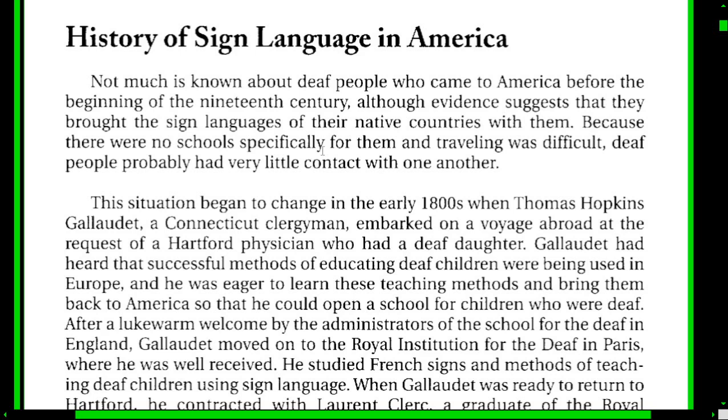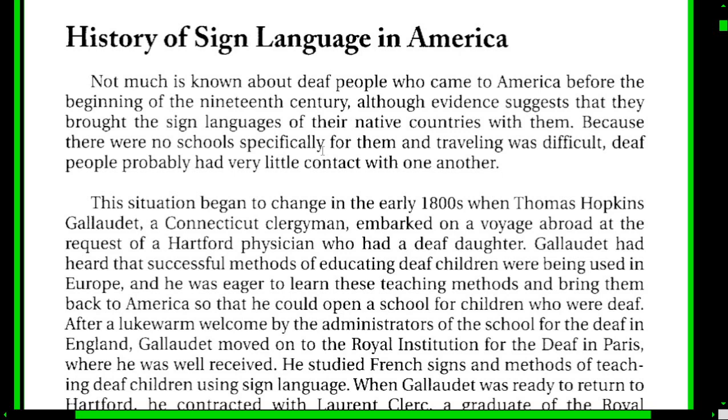This situation began to change in the early 1800s when Thomas Hopkins Gallaudet, a clergyman, embarked on a voyage at the request of a powerful physician who had a deaf daughter.